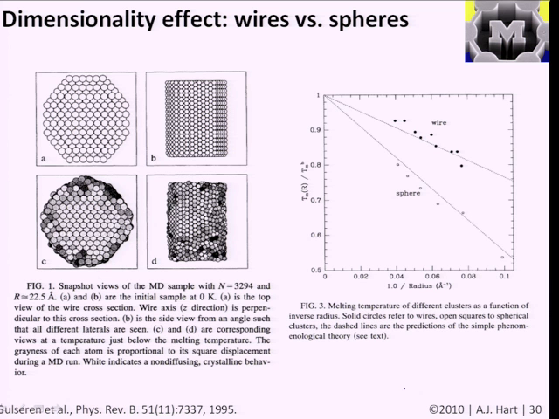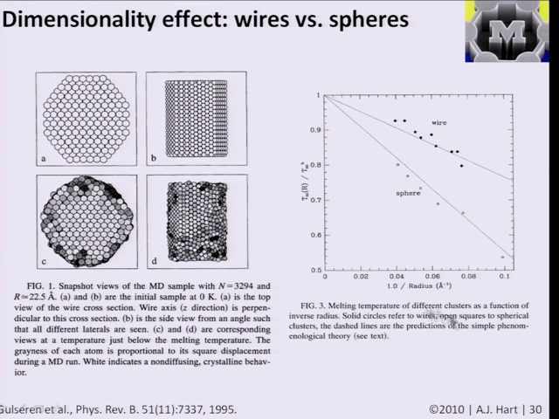And there's been some work, for example, to computationally study how melting point depends on shape. You can see that the trends for wires versus spheres of different radius, large to small, bulk to nanoscale, are different.